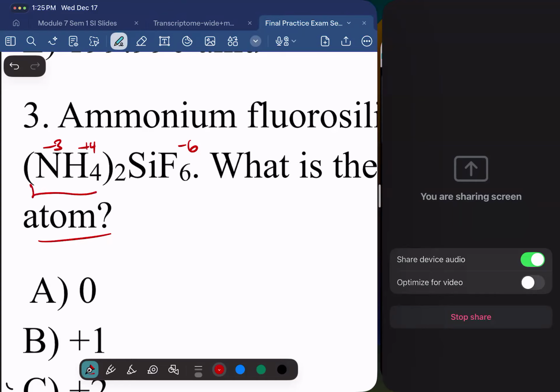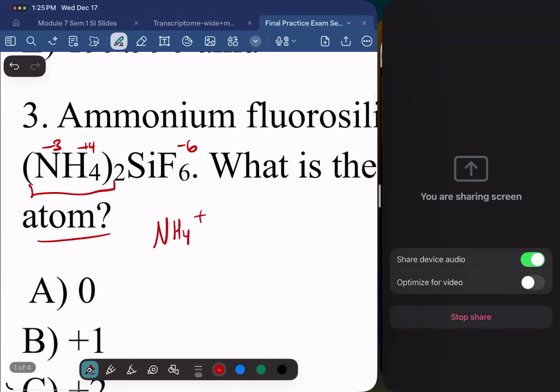The reason we know this for sure is that ammonium is a polyatomic ion, so this charge has to equal +1. So it's going to be +4 and then -3. You could identify it like this, and I think many of you guys do that. As a result, this whole thing should be +1.